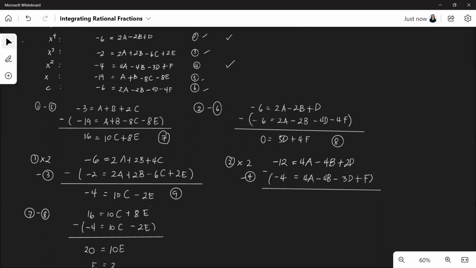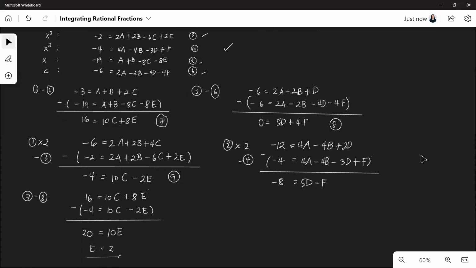Negative 12 minus negative 4 is negative 12 plus 4, negative 8. 4A minus 4A is 0. 4B minus 4B is also 0. 2D minus negative 3D, that's 2 plus 3, so 5D. And 0 minus F, so negative F. Let this be equation number 10.